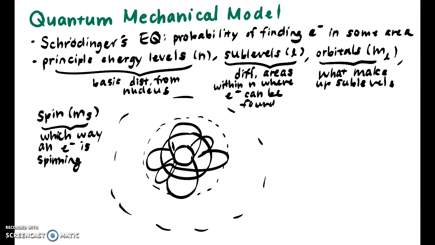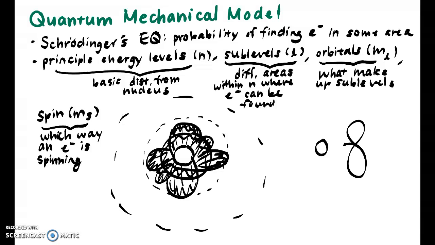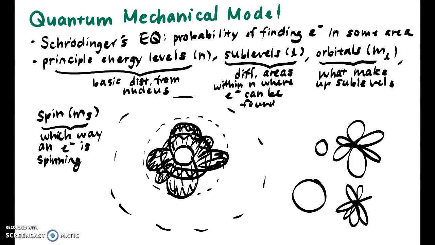And in these regions, electrons are most likely to be found. What you might see is that sometimes they're shaded, so the regions with more shade rather than less shade have a higher probability of finding electrons. It's hard to draw, but if you see a diagram with a nucleus in the middle and different kinds of orbitals such as this, where this is the 3D, or perhaps this, or if you get more complicated, it looks something like this, and so on, then you'll know that you're talking about the quantum mechanical model.